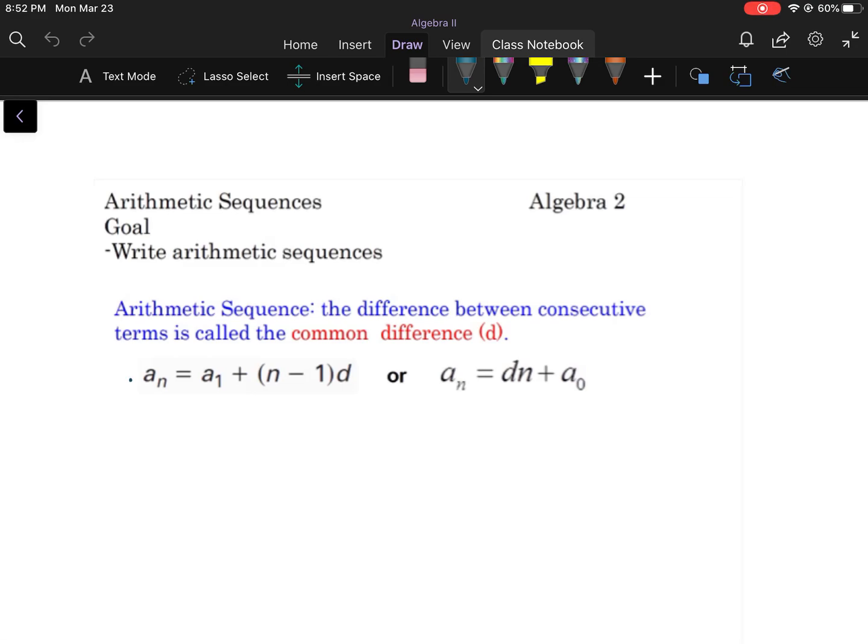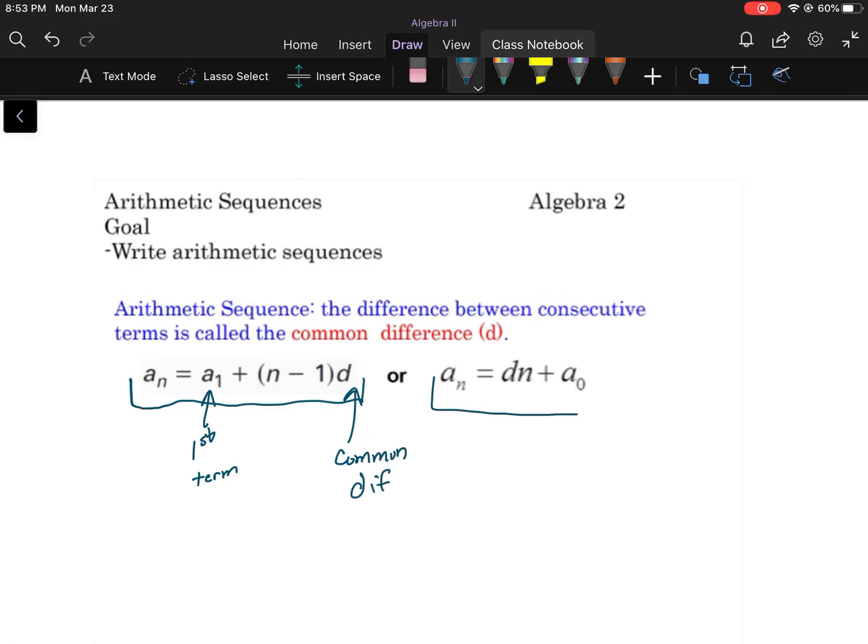I'll show you here two different formulas as to how to write a rule for arithmetic sequences. Here's my first one. This one involves the first term, and you need the common difference.